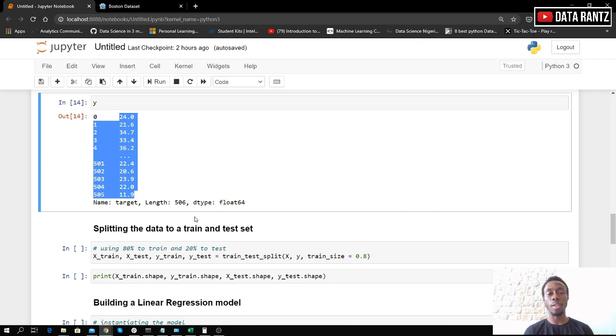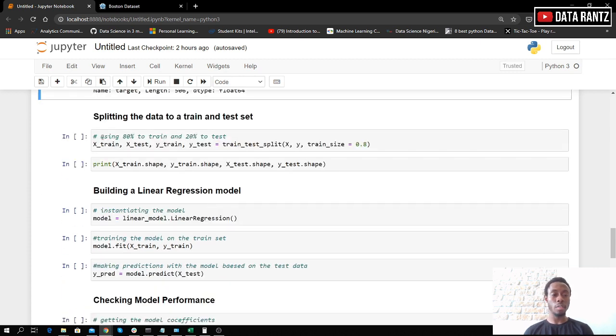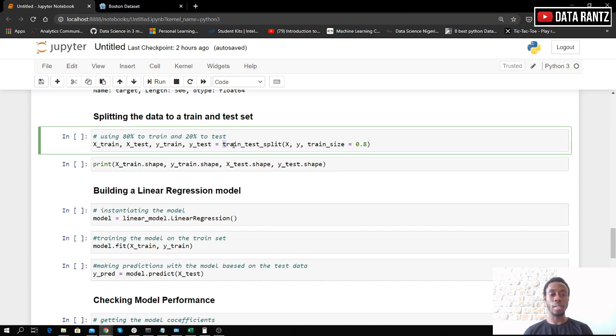So you build the model and then validate it by trying it on a data set that the model has not learned from. This is what we are doing in this next cell. We're splitting the data into a train and a test set, and we leverage the train test split, inputting our x and our y.